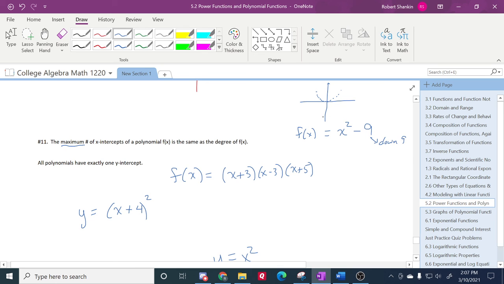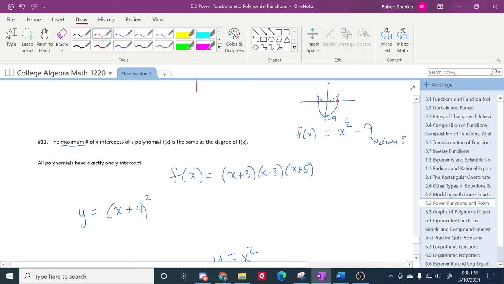So it's way down here at negative 9. It's doing this. And what is it doing for x-intercepts? It has 2 x-intercepts. One here, one here.